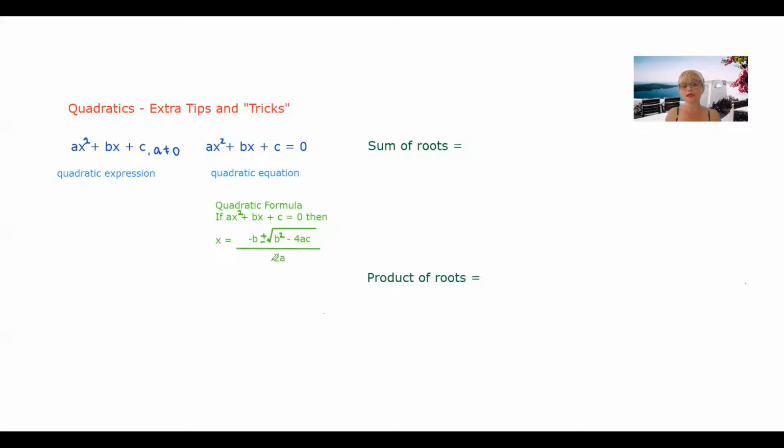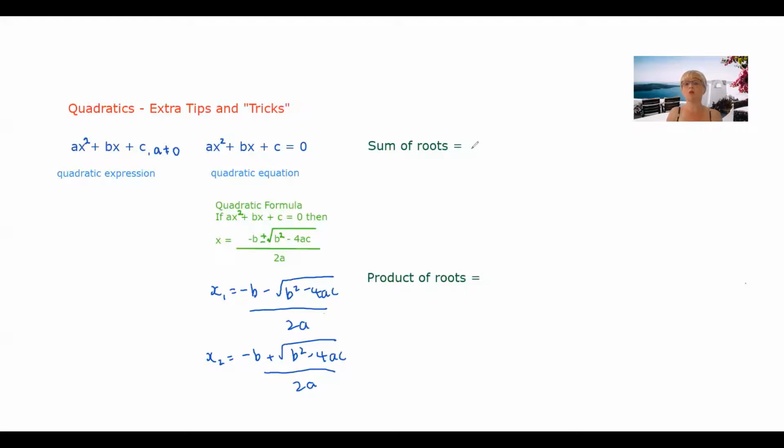Now, one thing I haven't spoken about is the sum of the roots and the product of the roots. Let's just have a bit of a look at this formula for a minute, because we are going to use this to assist us in a minute. So if these are our two x solutions, so we call x1 would be our smaller one, so negative b minus square root b squared minus 4ac on 2a, and our second solution would be negative b plus square root b squared minus 4ac on 2a.